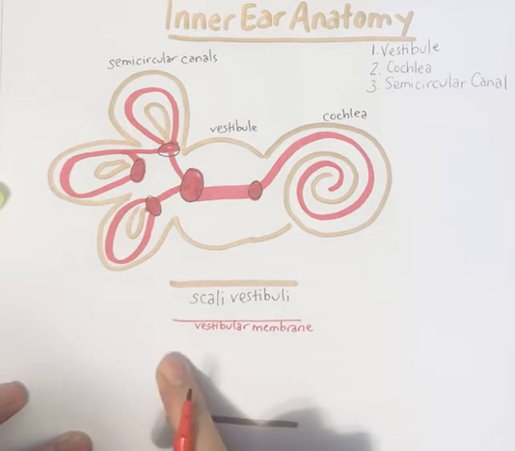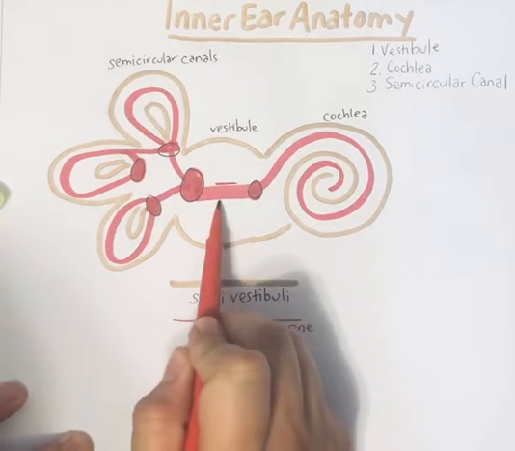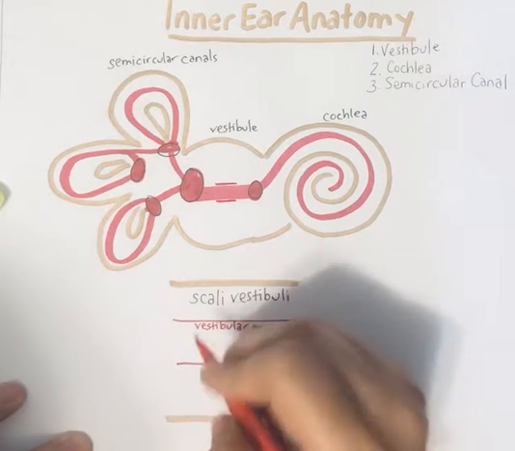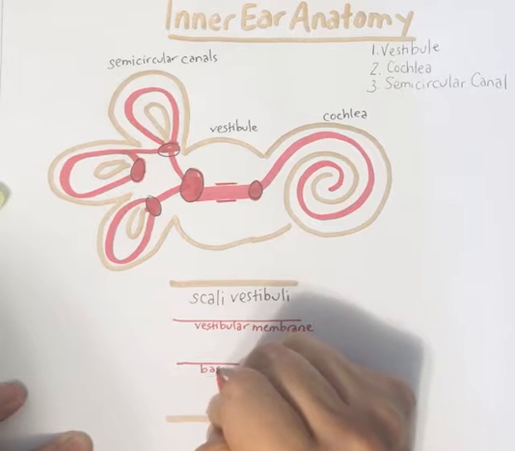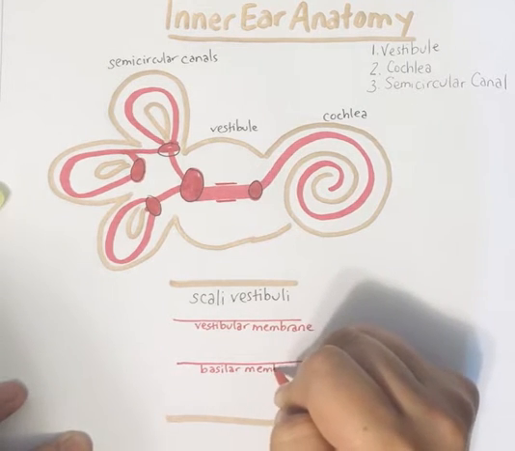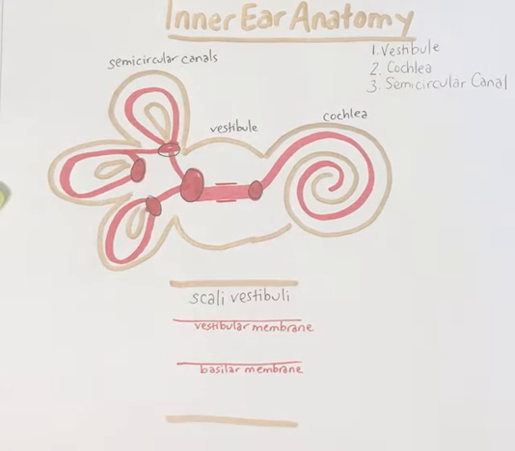So there's another layer that divides, this would be like the top region, and then this is going to also have another membrane right here, and this is known as the basilar membrane. Think of a basement being on the bottom. So together, these membranes make up the membranous labyrinth.